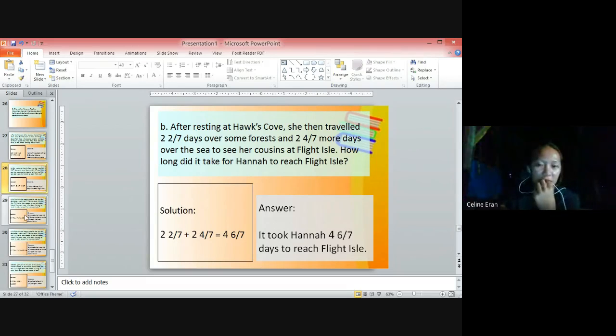So the solution is 2 and 2 over 7 plus 2 and 4 over 7 is equal to 4 and 6 over 7. So the answer is it took Hannah 4 and 6 over 7 days to reach Flight Isle. So letter C.